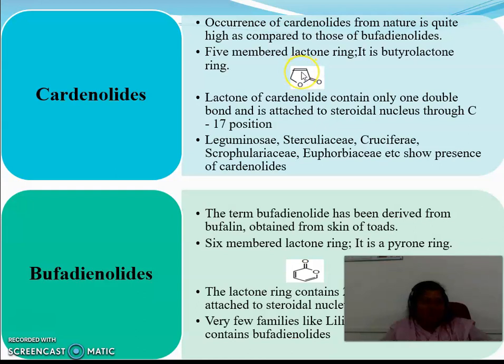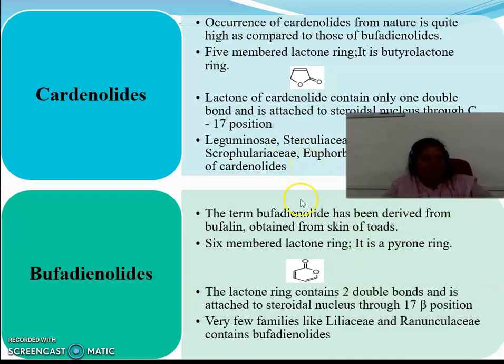You can see in this picture, in the structure, that there is one single double bond, and here it is attached to the steroidal nucleus by the C17 position. The families which belong to cardenolides are Leguminosae, Sterculiaceae, Cruciferae or Scrophulariaceae, which show cardenolides.